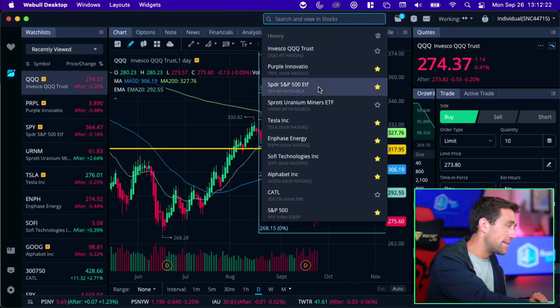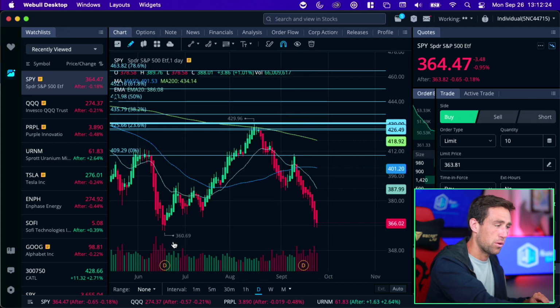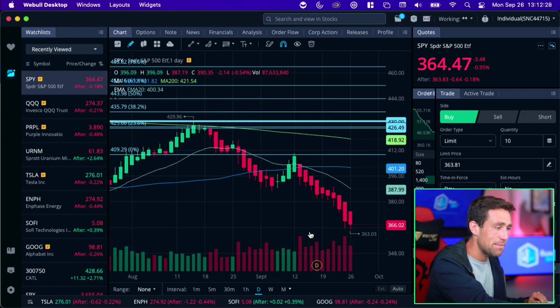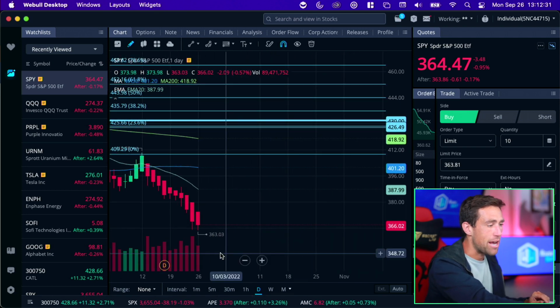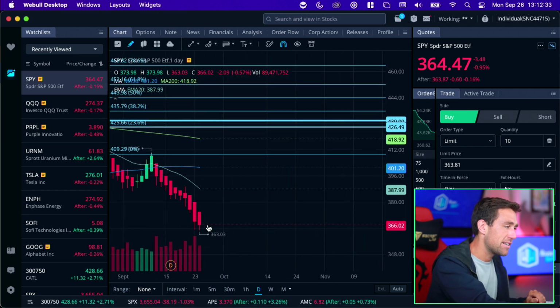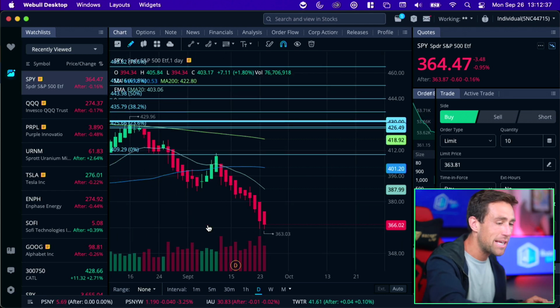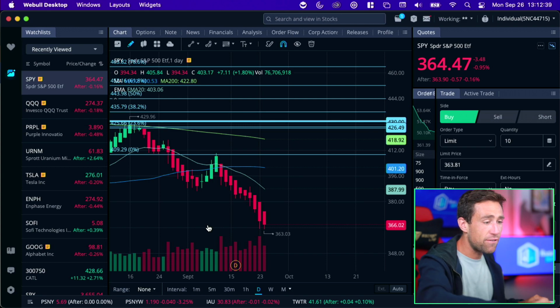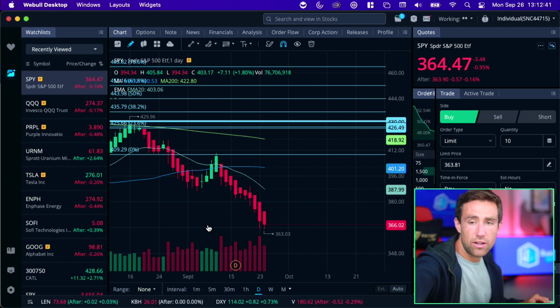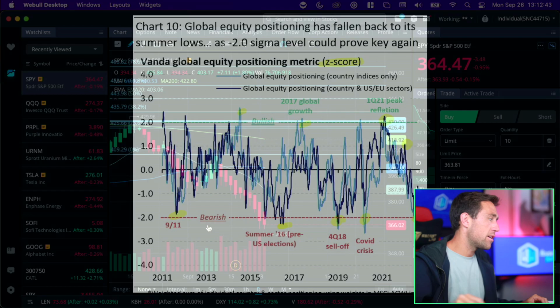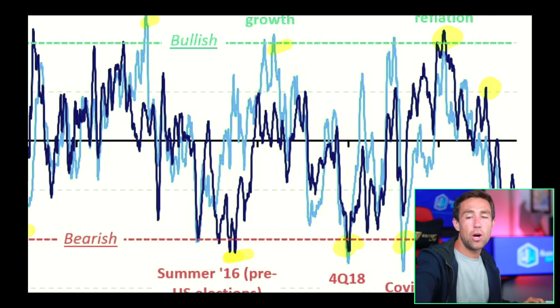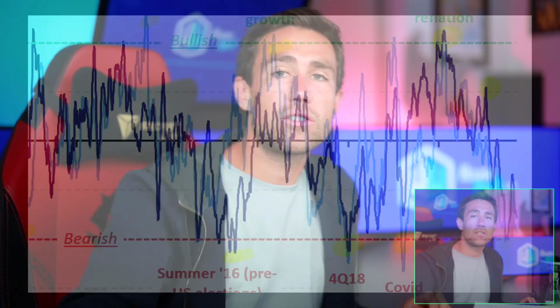So we're basically at all-time lows here for recent history. And we were at 360 this summer on the S&P 500. We're at 364 right now, got to 363 earlier today. So pretty wild. We're pretty dang near the bottom. But again, if the Z-score chart is any guide, hopefully we are close to peak pain here. Although it's all going to depend on what the Fed does to us.